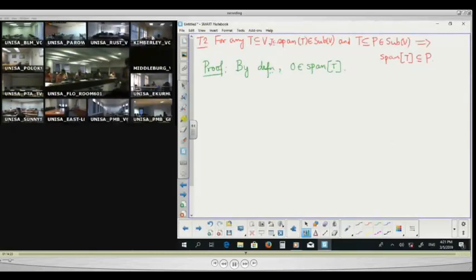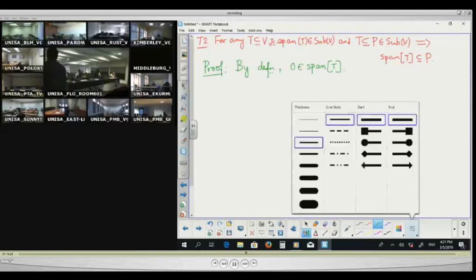Now, span of T contains, what are the members? Either x is 0 or there exists a natural number. If n is equal to 1, and I take that only one scalar to be 1, then it tells me every member of T is already in span of T. Right?